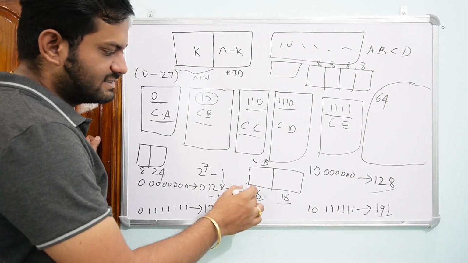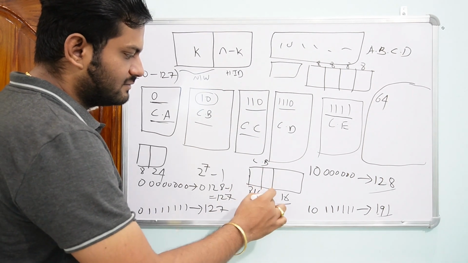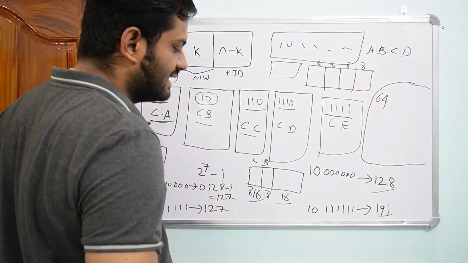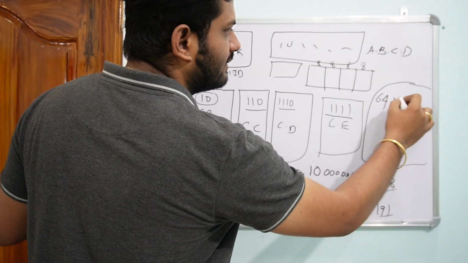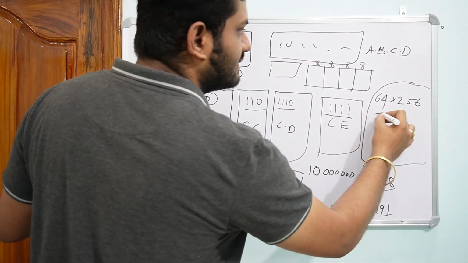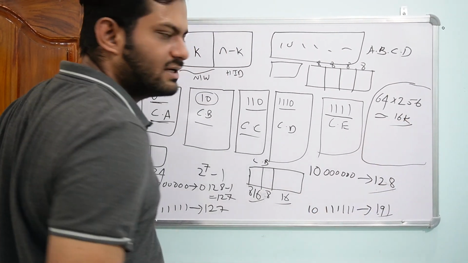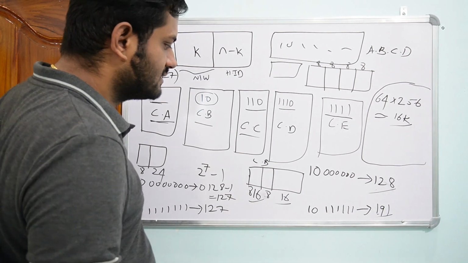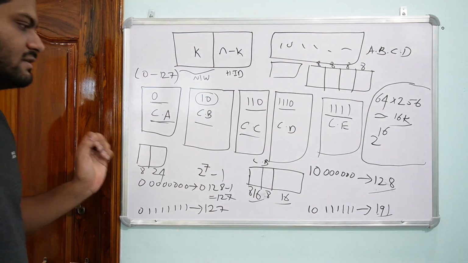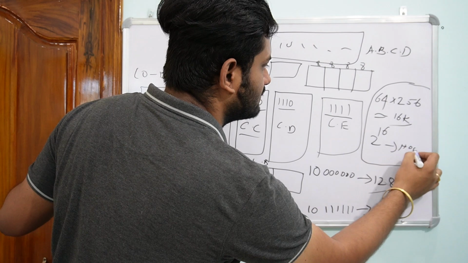And since the network ID is 16 bits, 8 and 8, for first 8 bits you have 64 combinations, and for next 8 bits you have 2 power 8, 256 combinations. So 64 into 256, it's approximately 16k. So there are total number of 16k networks for class B. And what is the host? It is 2 power 16. So similarly, you can calculate this is 2 power 16 hosts.